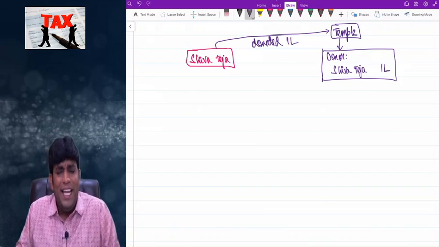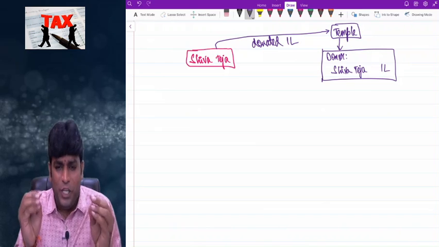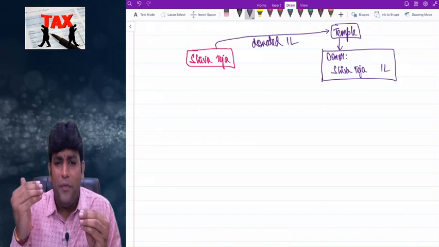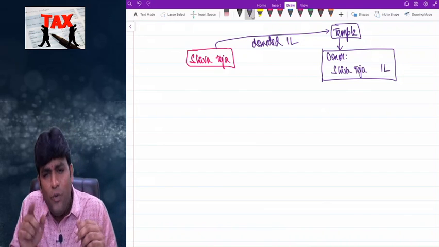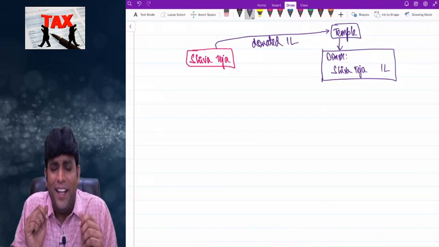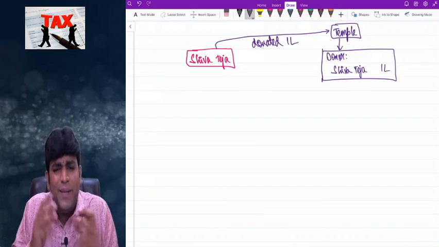Now tell me, is temple trying to do advertisement for Shivateja? Answer is no. It is only that out of gratitude and affection towards Shivateja, they displayed my name. That's all. Now I'll ask you one more question here. Do you really think Shivateja donated that 1 lakh to the temple for the purpose of advertisement service?